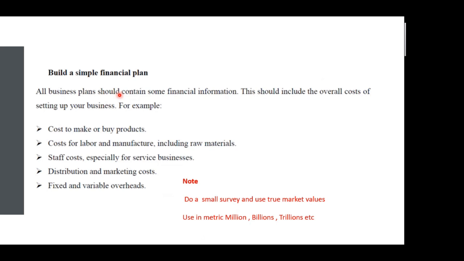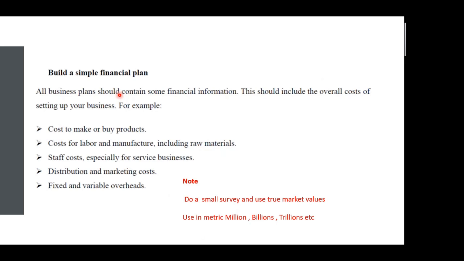the common mistake they do is when they prepare the financial plan, they put financial figures that they get into their mind. For example, they will put some very large amount of rupee value to buy some furniture.